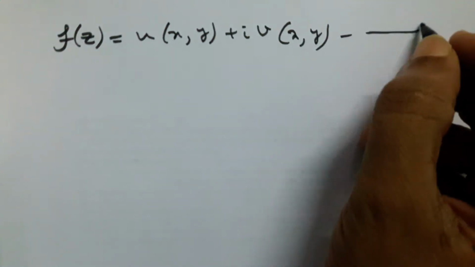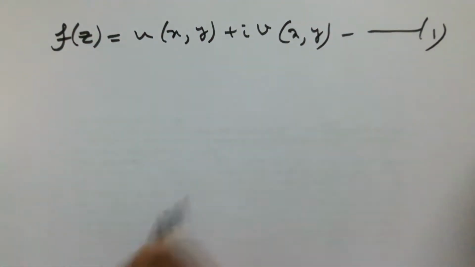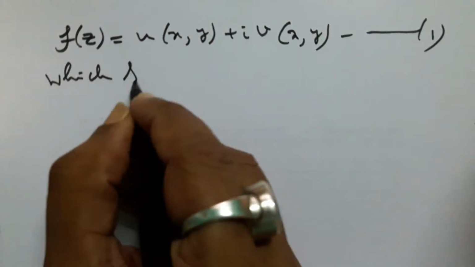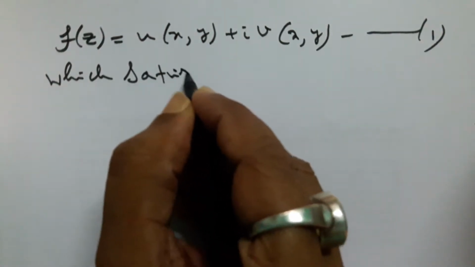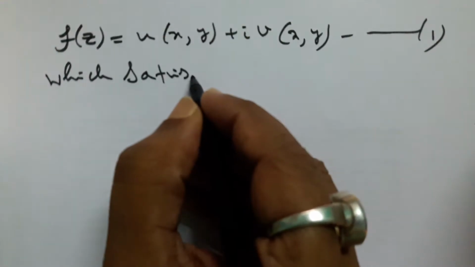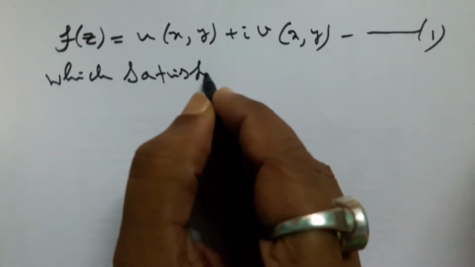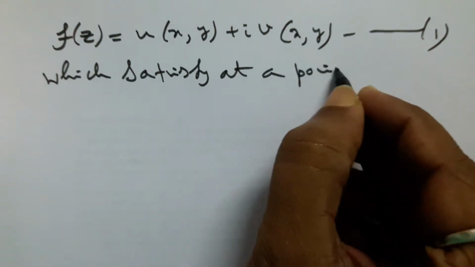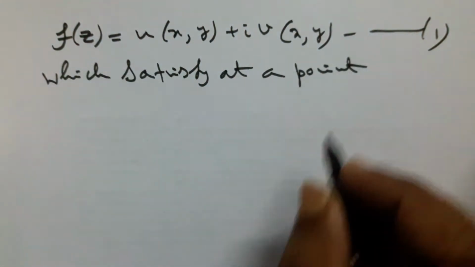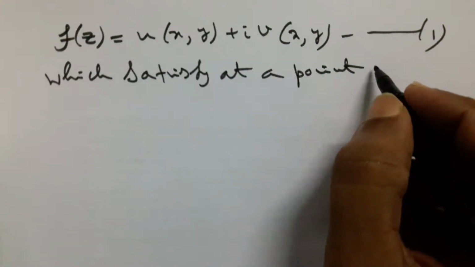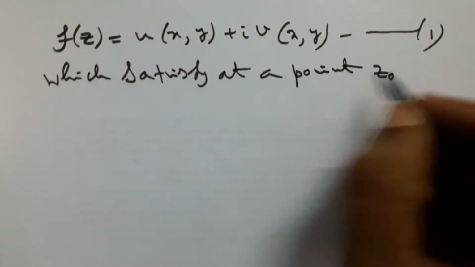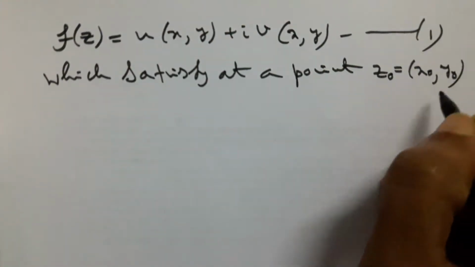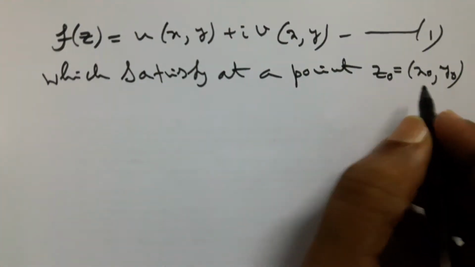Taking it as equation number 1, which is satisfied at a point z0 equal to (x0, y0), and all are complex valued functions.